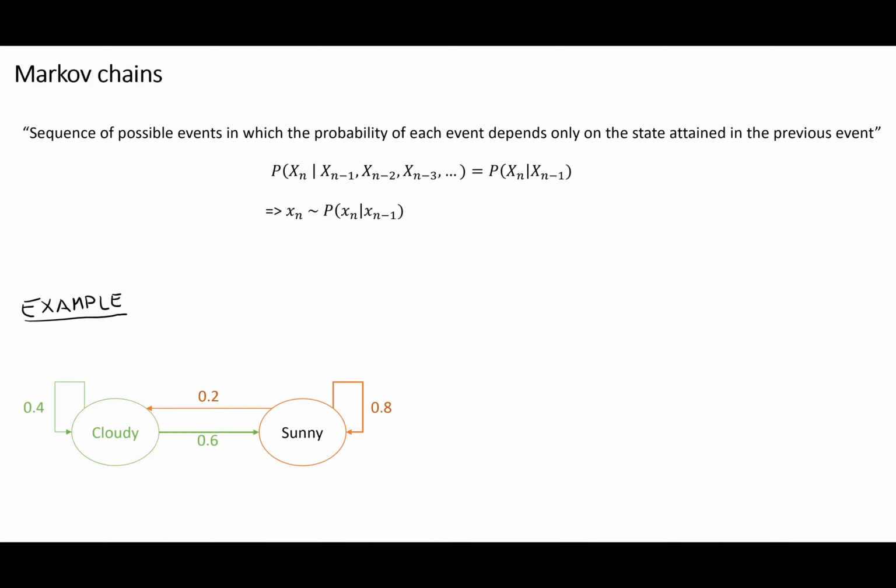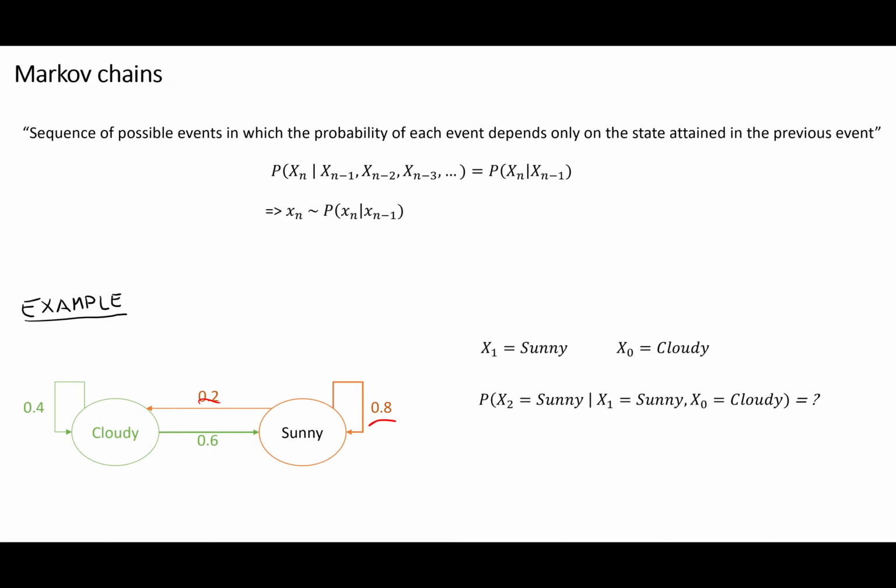So the typical example we see is how the weather is changing. You have two states, it can be either cloudy or sunny, and the probability that it will be sunny tomorrow, if today is sunny, is 0.8, and the probability that tomorrow will be cloudy given today is sunny is 0.2. So the transition between the states is given by the arrows, and the probability of it is given by the number at each arrow.